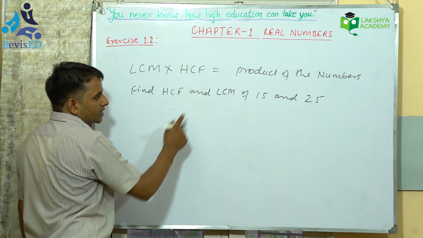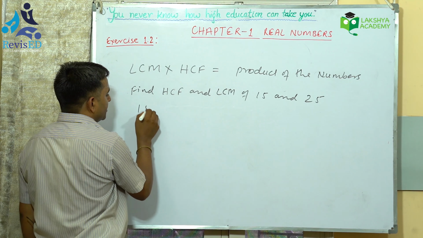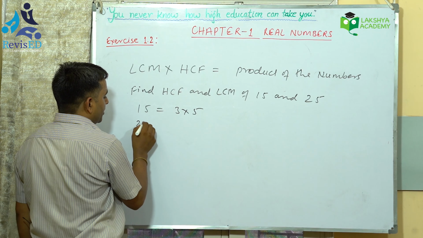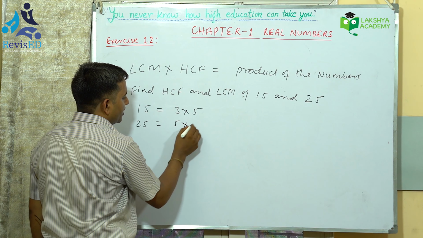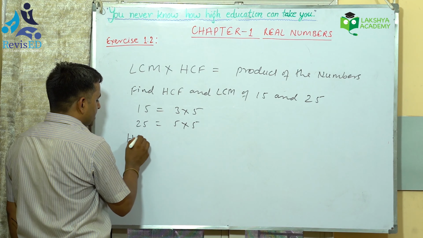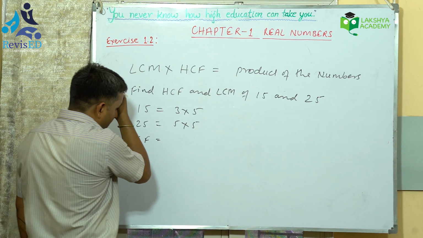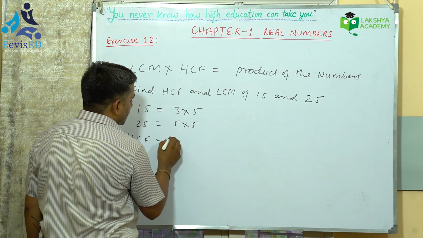To find it, we find the prime factors of 15, this is 3 into 5, and for 25, this is 5 into 5. The HCF is the common factor between both. So 5 is the only common factor.